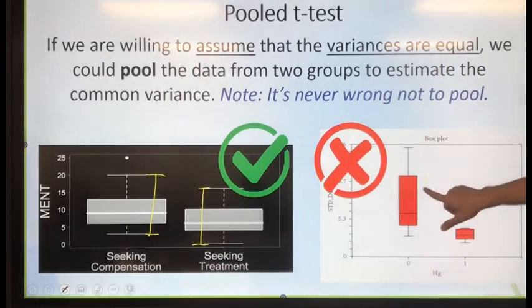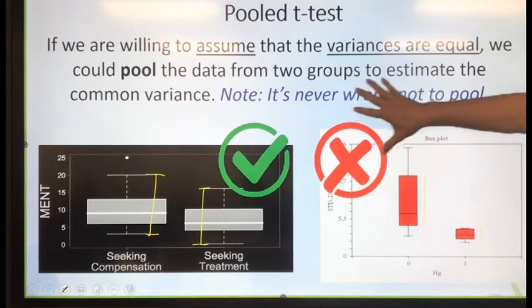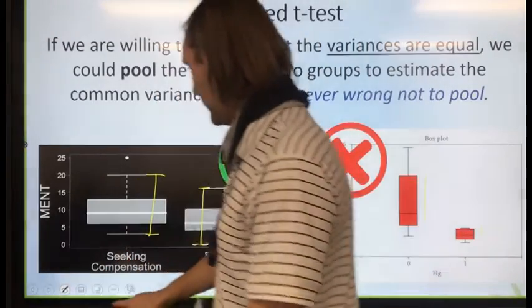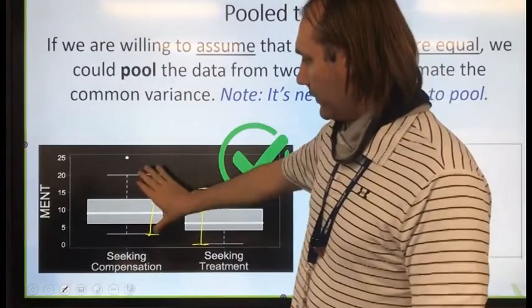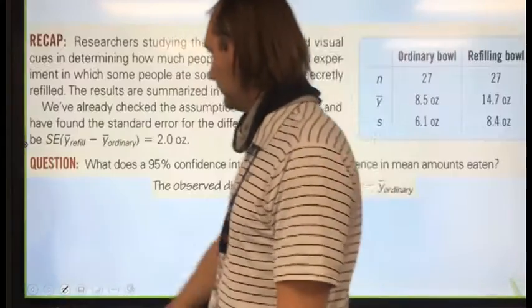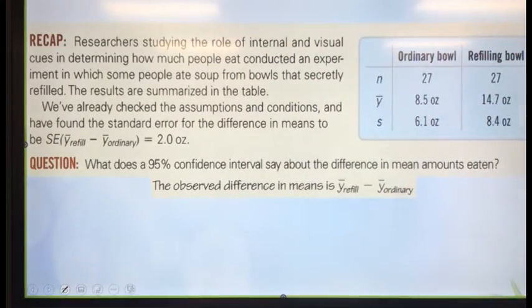These, as you can see, have a completely different variance. You would not want to pool that data. Note, it is never wrong to not pool. So if all else fails, it's safest to just say, no, I'm not going to pool the data. You'll see this because it comes up in the calculator. Do you want to pool or not? Only pool when you run the box test or the variance test and they're pretty much equal or very close. So let's look at an example.